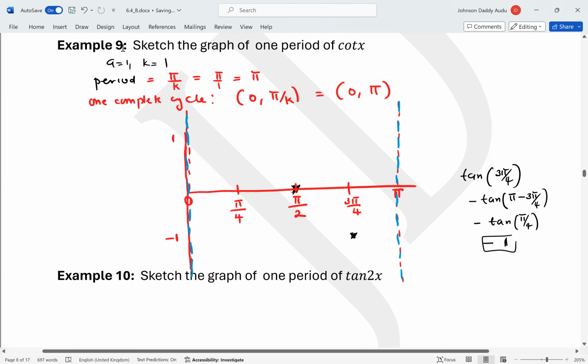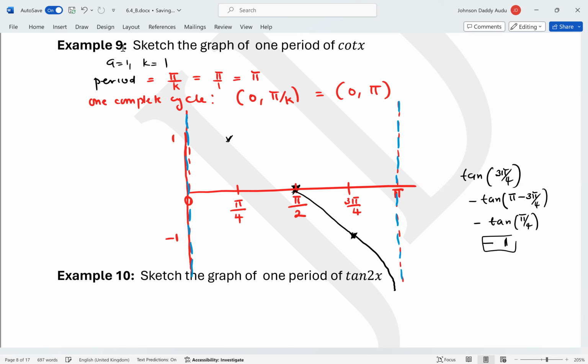So what that means is that from here, you're going to cut this and keep getting close. And then we check here, this is tan 45, which is definitely going to be this one. So this is going to be like this. And we're done.